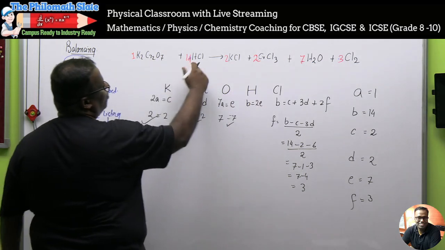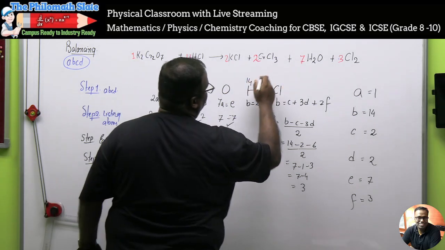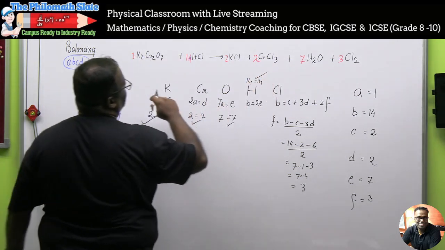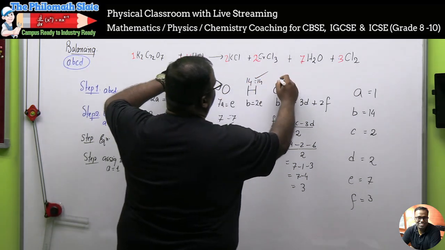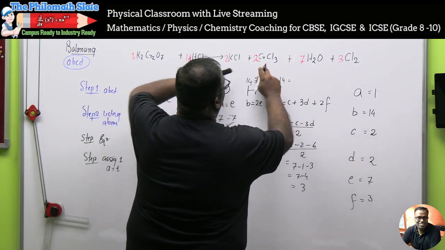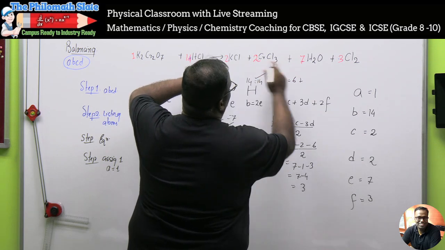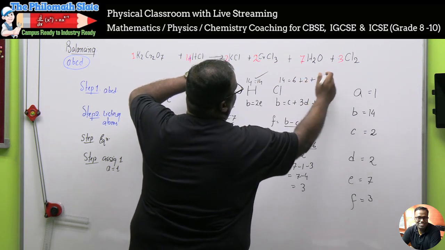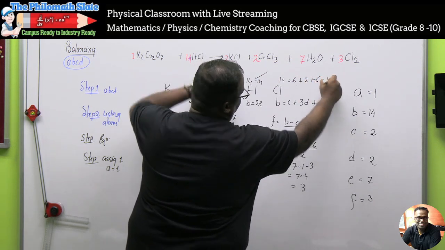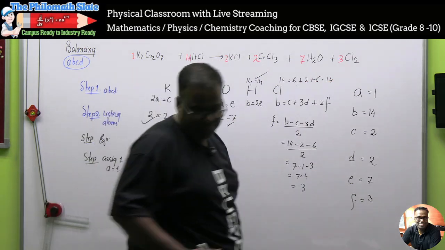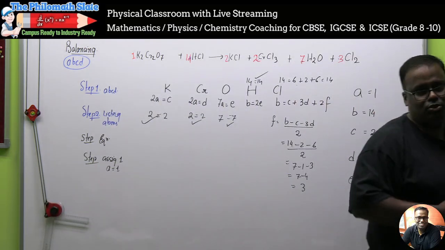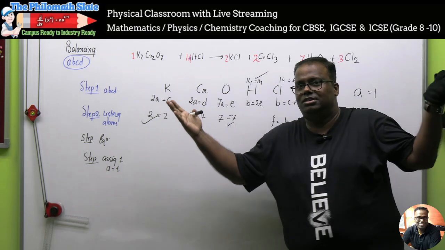Hydrogen, 14 on this side, 14 on this side. Tally. And then we are left with chlorine. Chlorine is 14 on this side, which should be equal to 3 twos are 6 plus 2 plus 3 twos are 6. 6 plus 6, 12, plus 2, 14. Done.